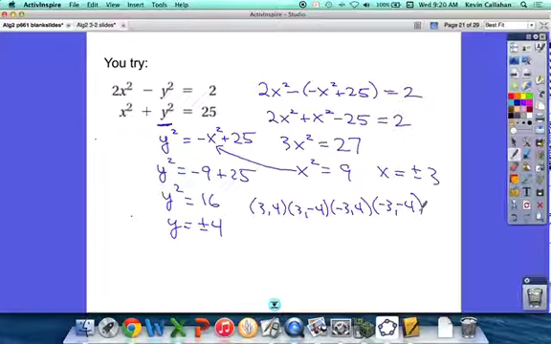Let's see. This one is actually a hyperbola and a circle, and obviously crossing in 4 points. Good.